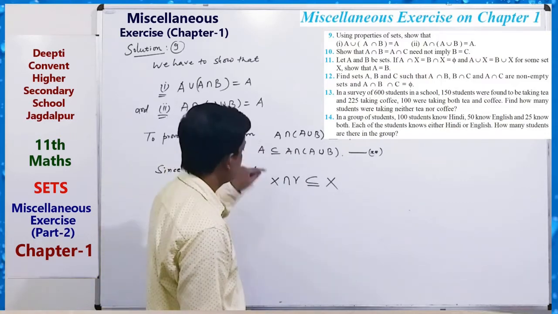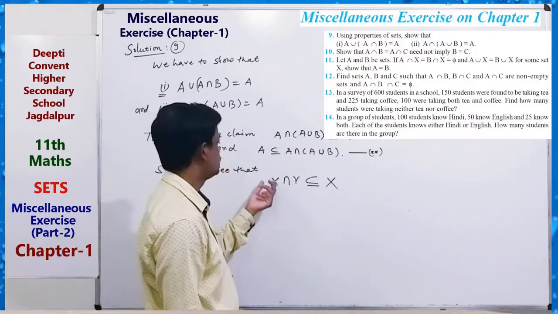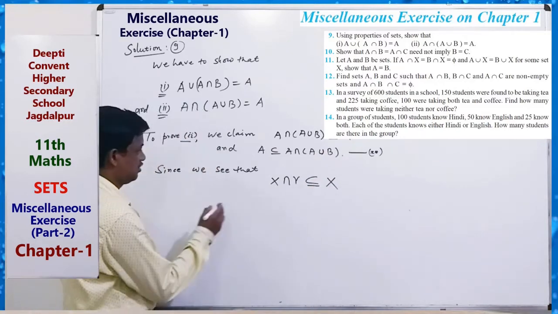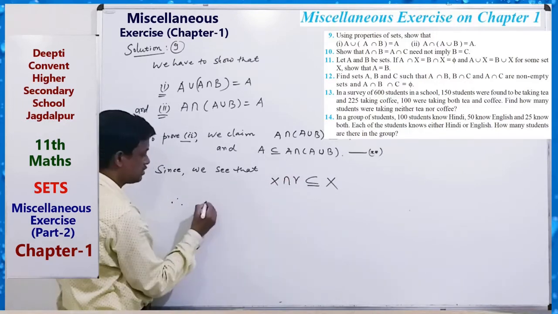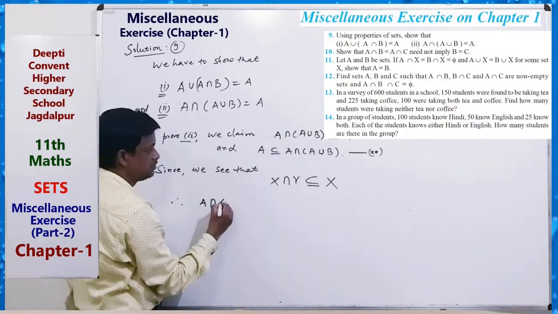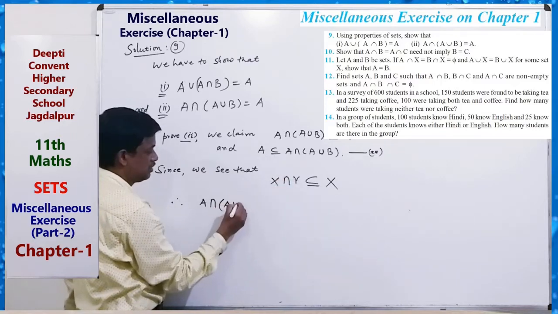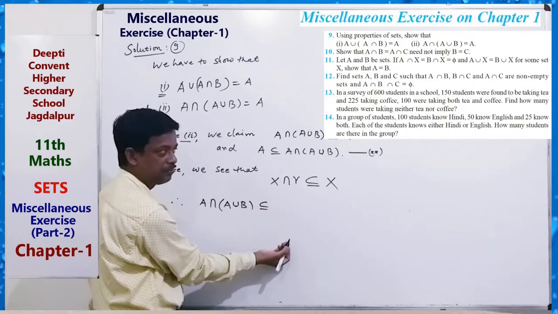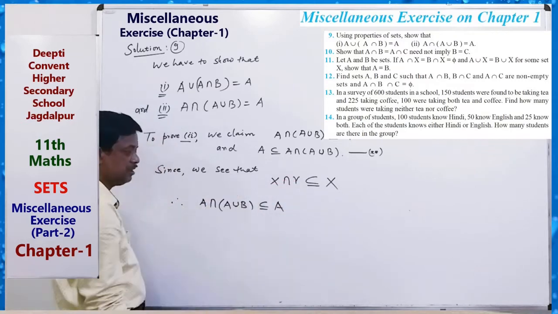On considering A in place of X, and in place of Y, A union B, which is a set. Therefore, here in place of X, if we consider A, then A intersection A union B, with A union B in place of Y as another set, is a subset of A.